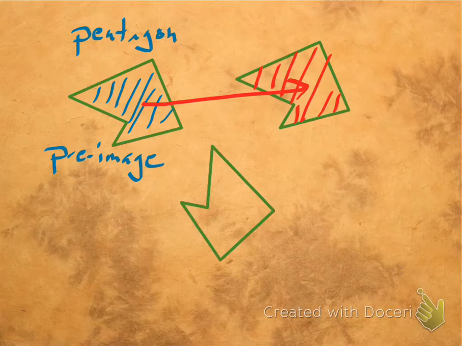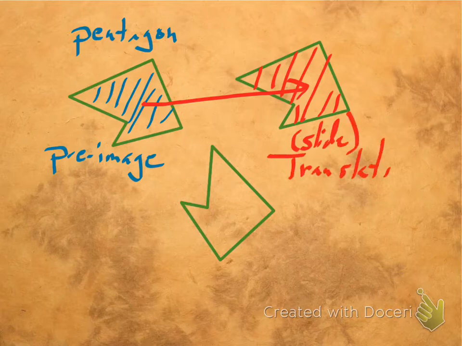Now this motion right here, you might call it a slide, but the fancy name for it is a translation. That's a fancy math name to basically just say you take a figure and you just slide it across. Now, if you slide something, you don't make it bigger or smaller, you don't flip it, you don't do anything weird with it. So obviously the image, which is what this is called, is going to be congruent to the pre-image. And it lines up exactly perfectly.